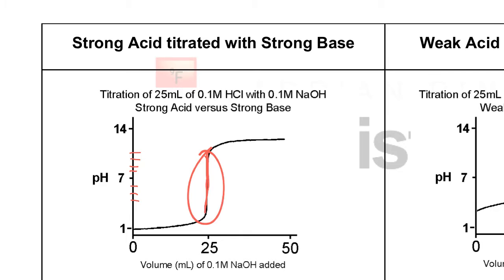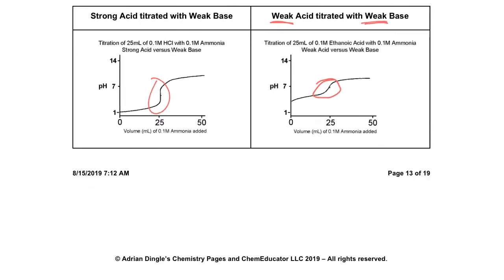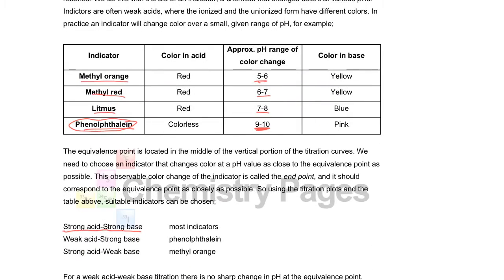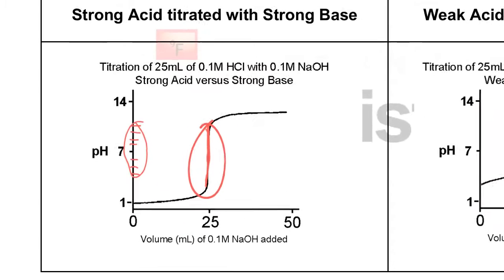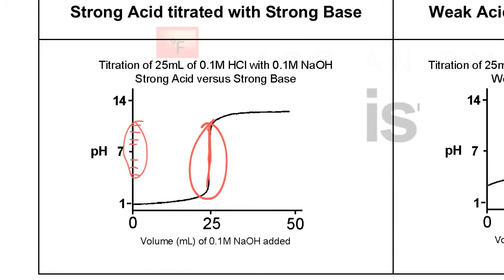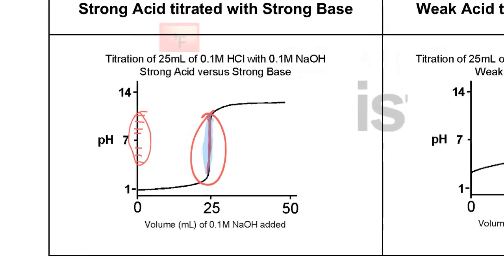So any of these pHs, if the titration is a strong acid, strong base, then any of these indicators should work just fine. That's why it says here most indicators. We've got all these pH ranges, and that will fall at the vertical area somewhere, usually. So most indicators change color in this area here, and because of that, a lot of indicators will work out just fine. Okay.